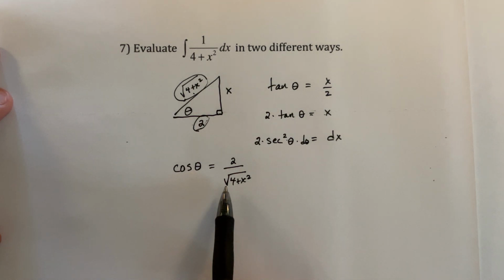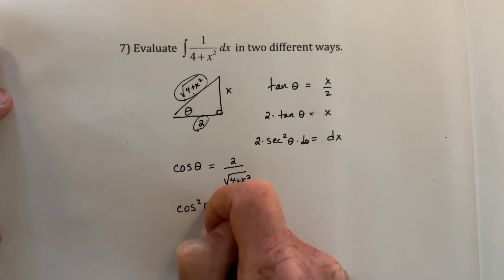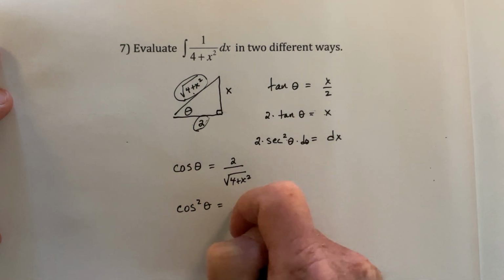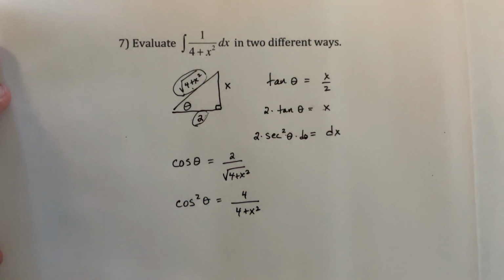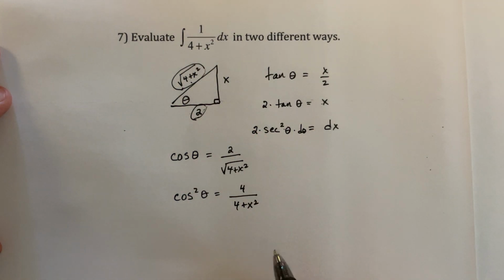So the first thing I'll do is square both sides. So cosine squared, and then square this side. So that's going to be 4 over the 4 plus x squared. And this only has a 1 on top, so I do need to get rid of this 4. So multiply both sides by 1/4.